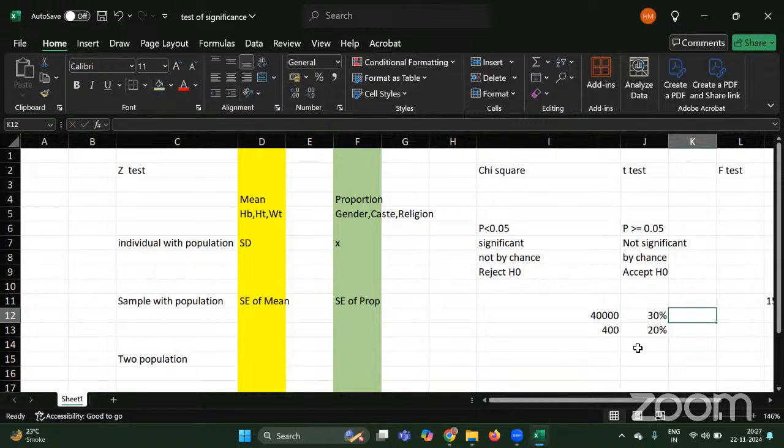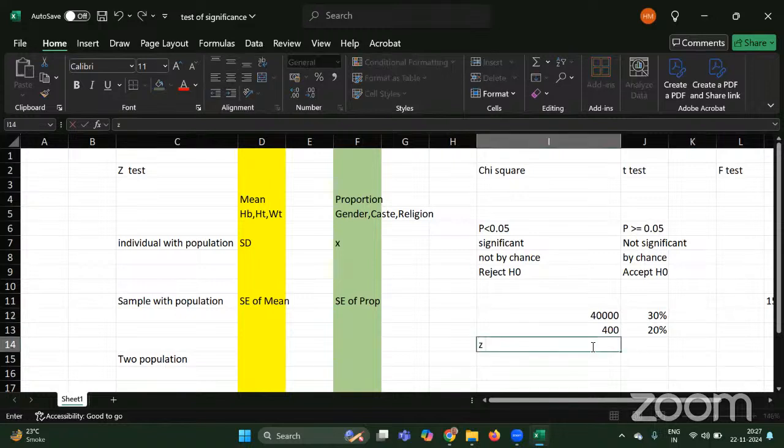Now, whether the sample chosen was biased or not, if you want to find that out, then you need to find out Z. Z is nothing but the distance between two proportions, population proportion minus sample proportion, and this is to be divided by standard error of proportion. Basically, standard error of proportion will tell that up to two standard errors, the difference can occur by chance.